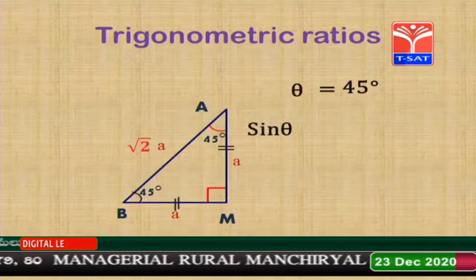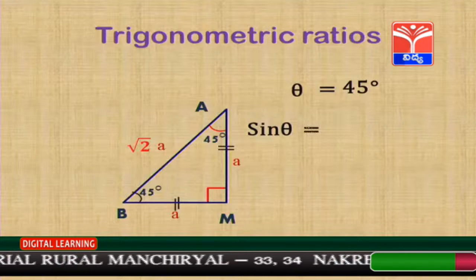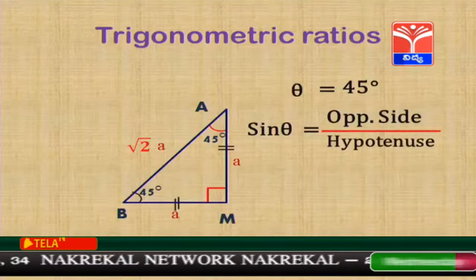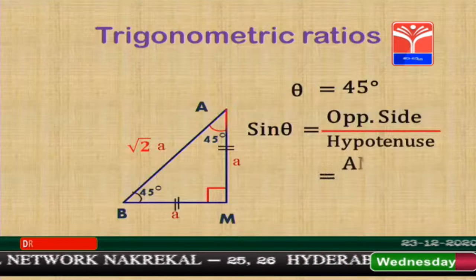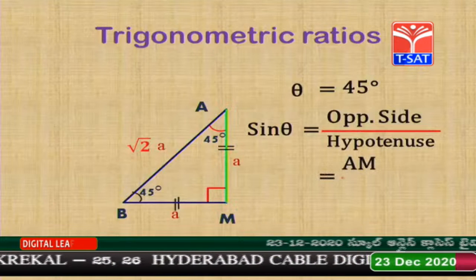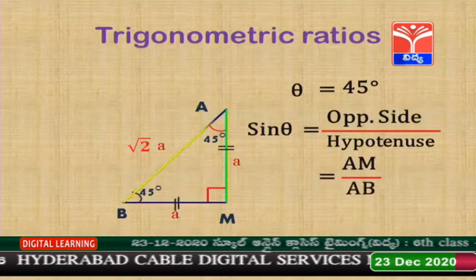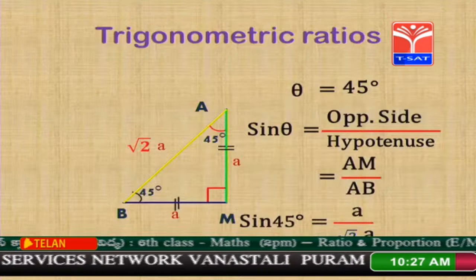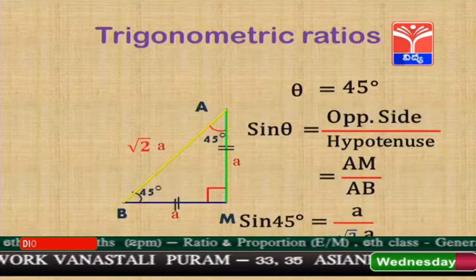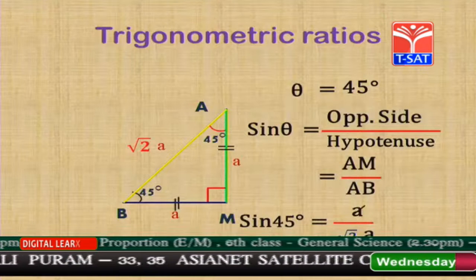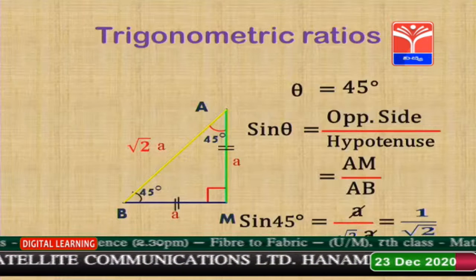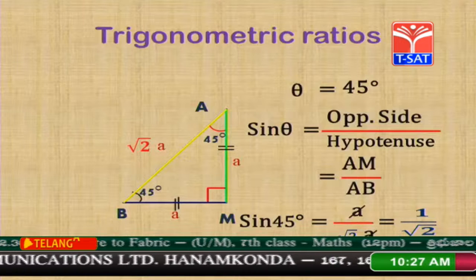Now, when the angle is 45 degrees, sin theta is equal to same, opposite by hypotenuse, which is equal to AM by AB. So, sin 45 degrees is equal to A by root 2 A, which is equal to how much here? After cutting A's, you will be getting 1 by root 2, that means sin 45 degrees is equal to 1 by root 2.